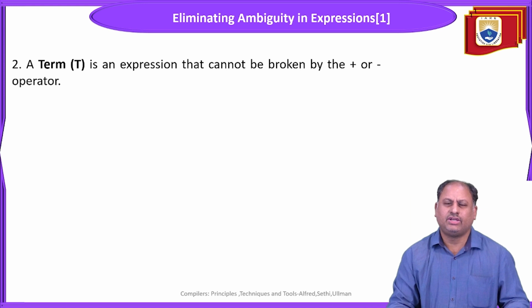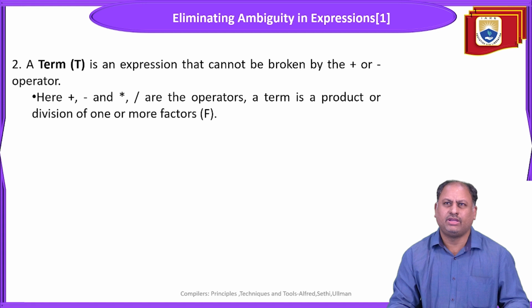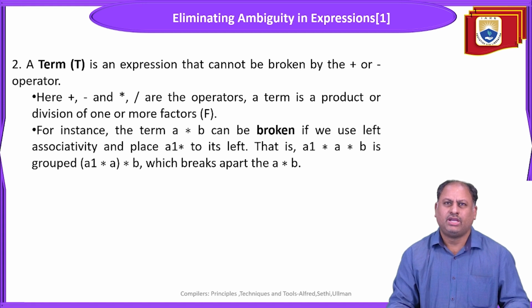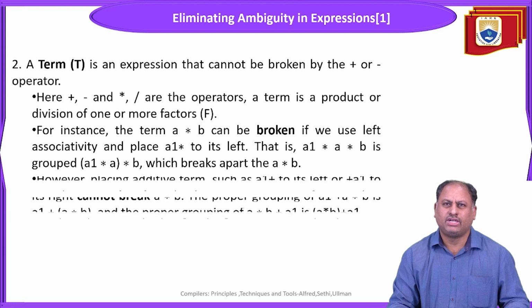So here the term T is an expression which cannot be broken by an operator, that is, the plus and minus operators, and the term A star B can be broken with the help of associativity, either left or right.